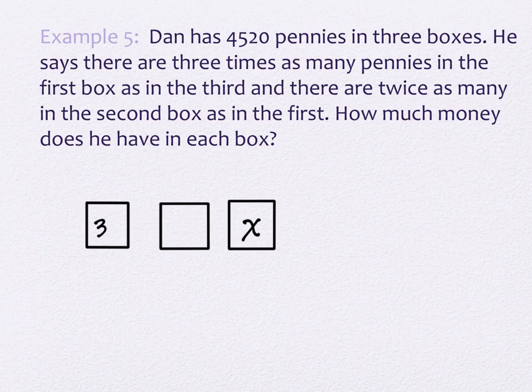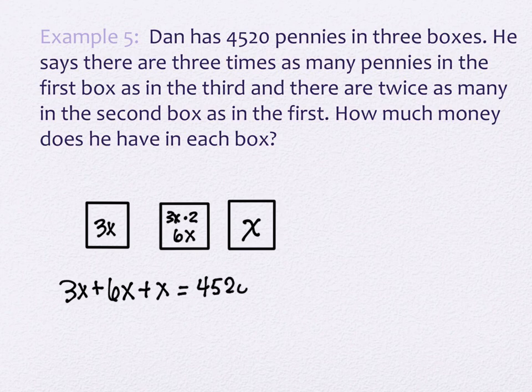So the first box would be the 3x. What about in the middle? Yeah, it'd be that same 3x times 2, or 6x. And then combined, sorry, that should have started with 3. The 3x, the 6x, and the x would be the total number of pennies, which was 4,520, which is actually very nice on this one because it's just 10x.